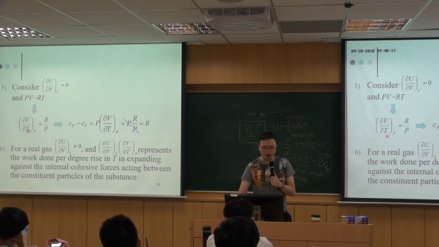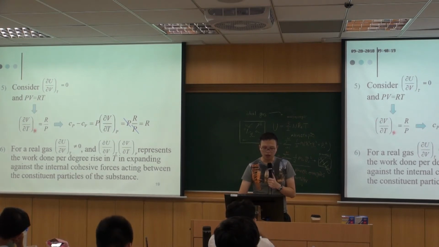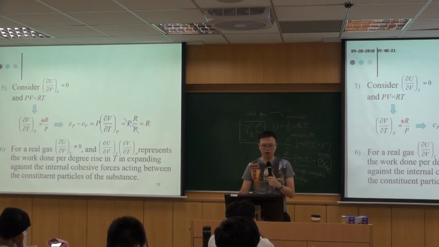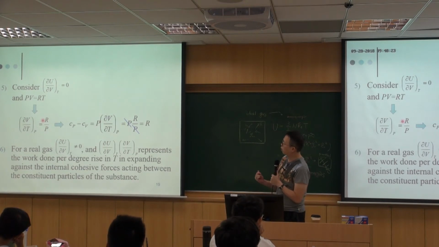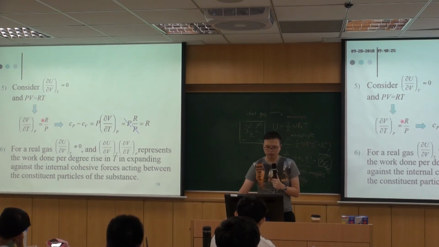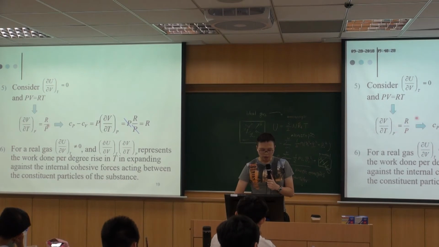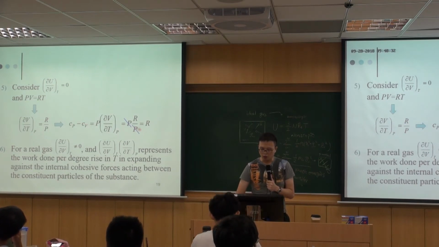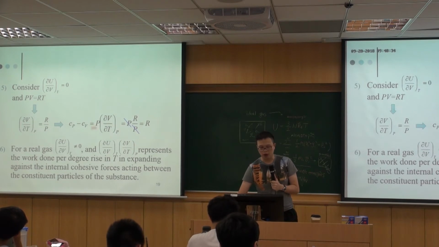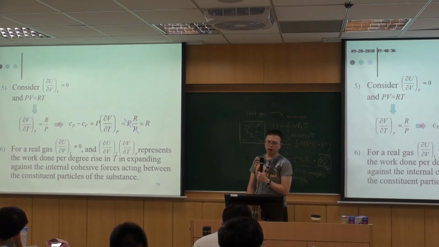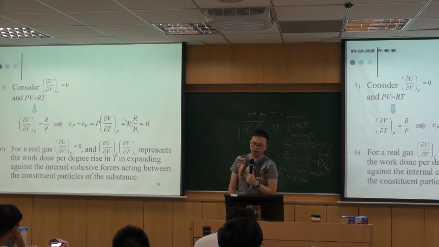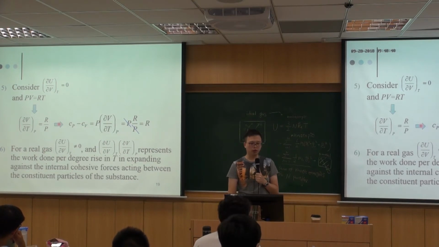And we already know that partial V partial T at constant pressure is R over P, like I mentioned earlier. That is from the ideal gas law. So if this is the case, then we have Cp minus Cv equals R.